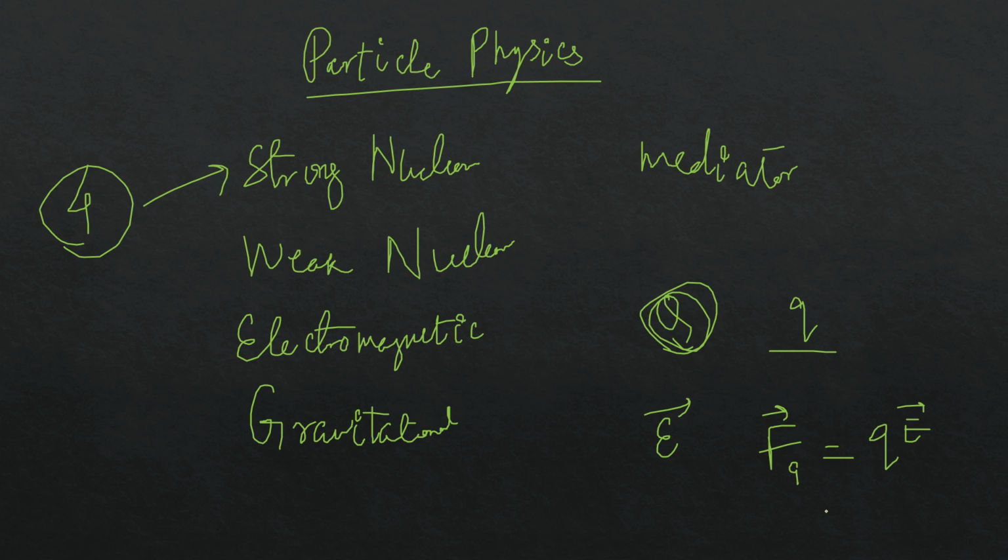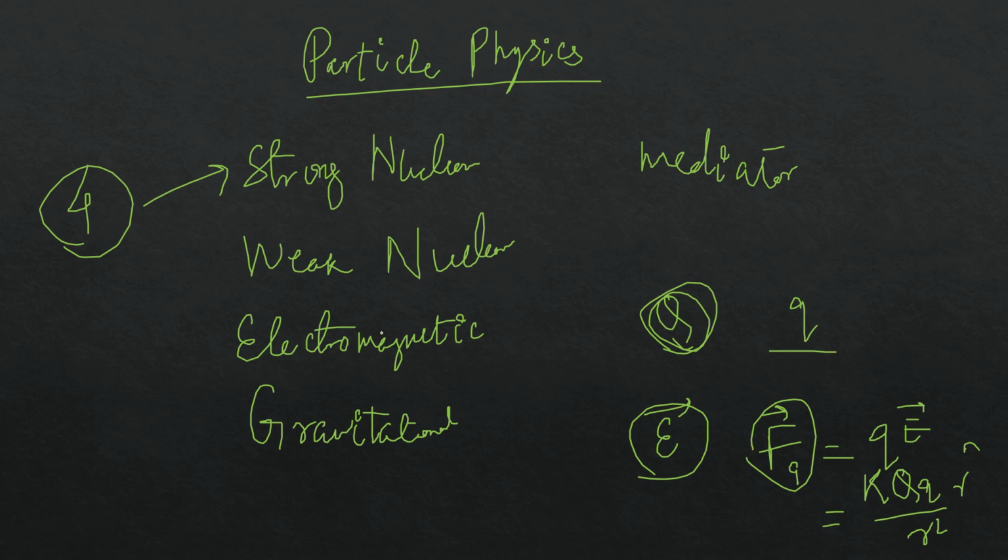Because we know that E is equal to kQ by r square. Of course, the electric field itself is not directly observable. Only the force F is actually observable. Alright. So this is your electrostatic force.